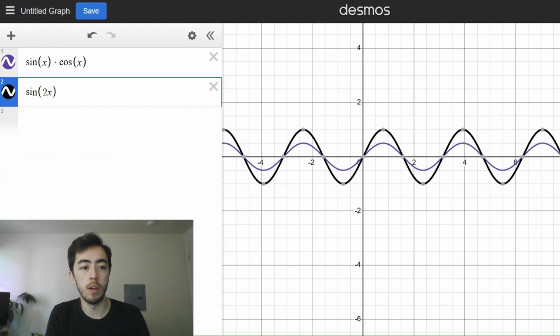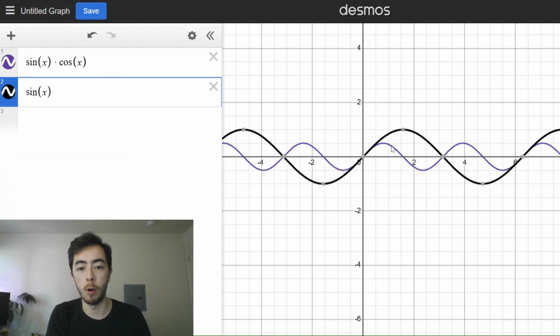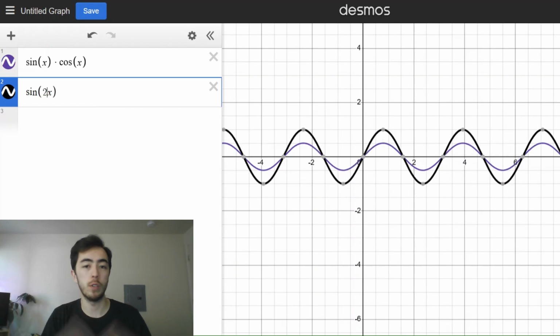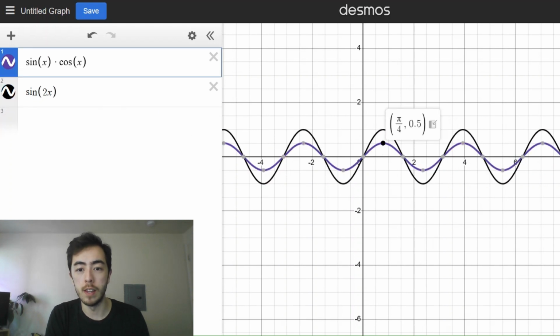Maybe you could have seen that already because this purple wave completes 1 and then 2 cycles within the same time that the black wave completes 1 cycle. And so this 2 helps me scrunch it up just the right amount. And then we can see here that the maximum of the purple curve is 1/2.